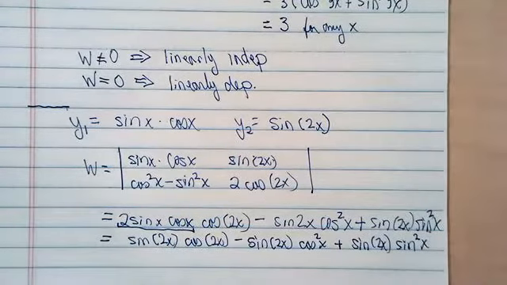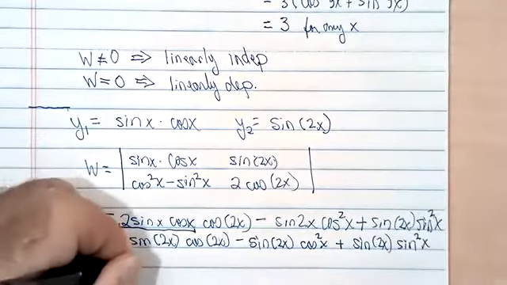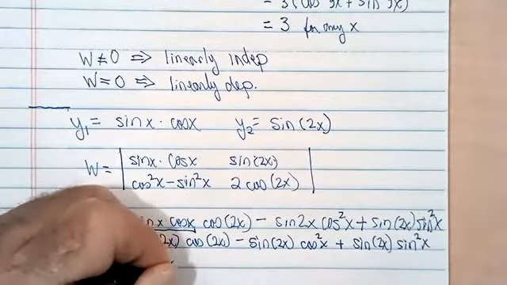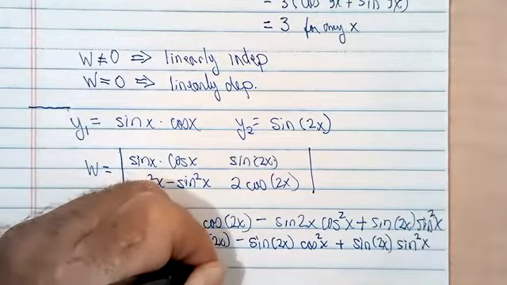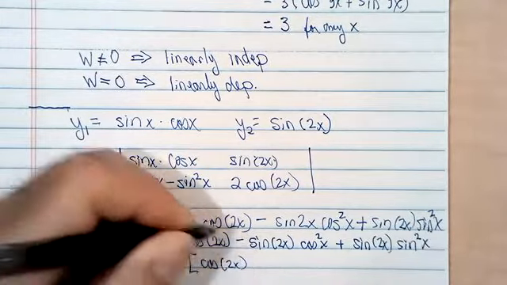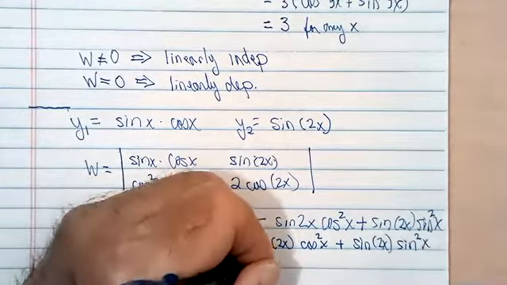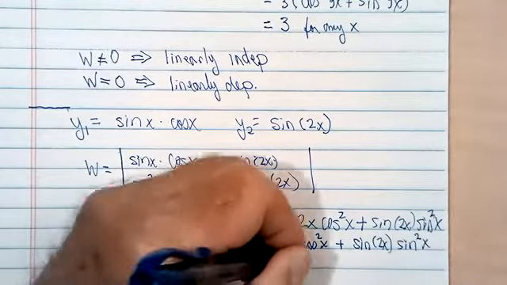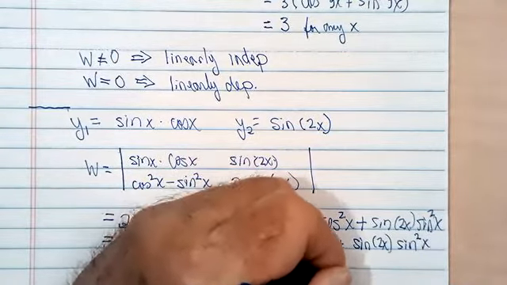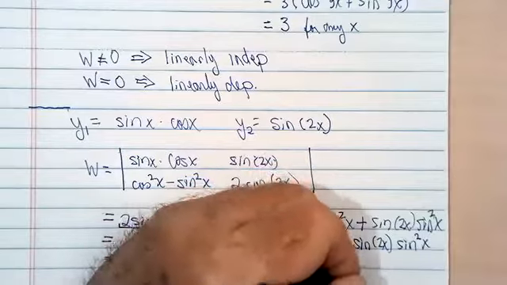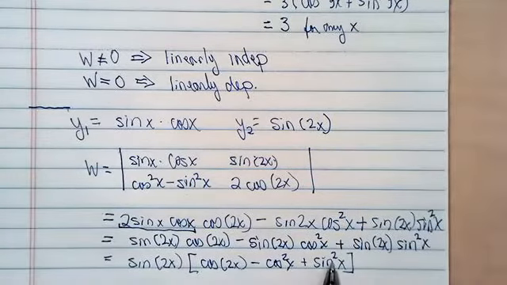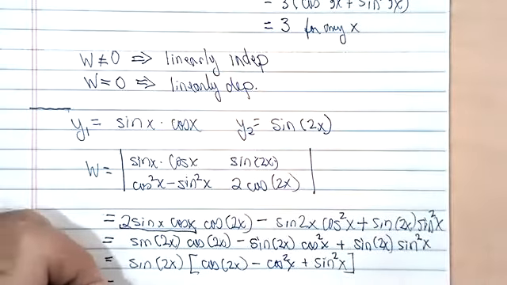Okay, now I notice that I have a sine of 2x here, here, oh, and here, everywhere. Sine of 2x times the quantity cosine 2x minus cosine squared x plus sine squared x. But cosine squared minus sine squared, that happens to be cosine of 2x.